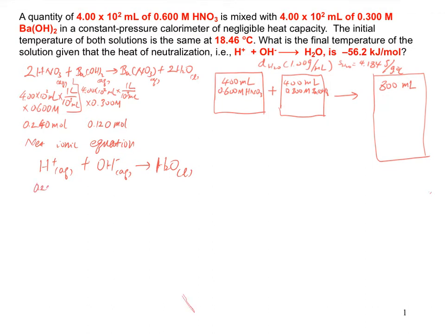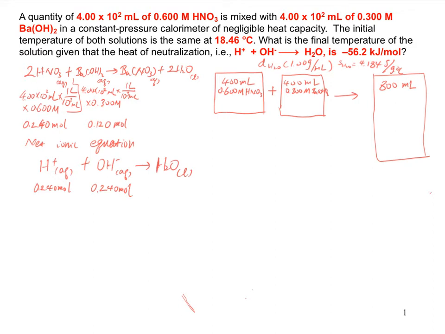It is 0.240 mole. What's the mole number of hydroxide? For 1 mole of barium hydroxide, it gives 2 moles of hydroxide. We have 0.120 mole of barium hydroxide, so the mole number of hydroxide is 0.240 mole. There's no limiting reagent. Acid and base will react completely.